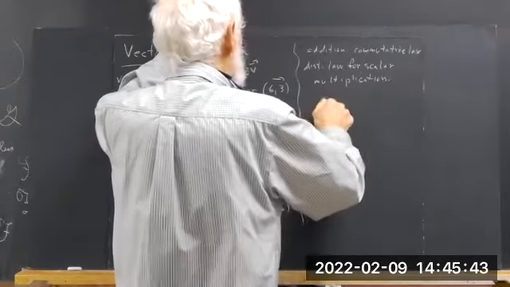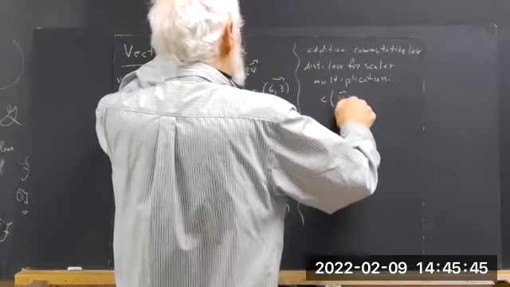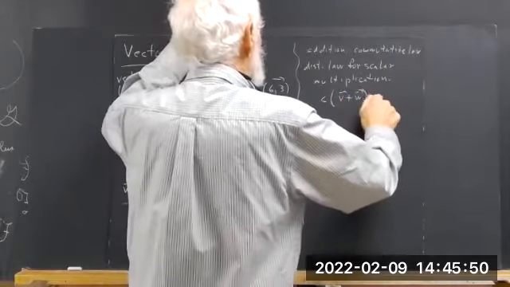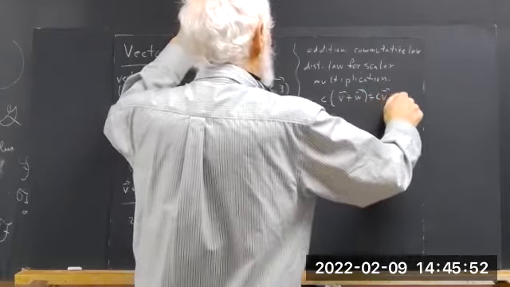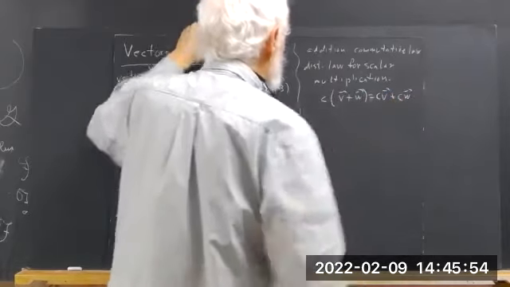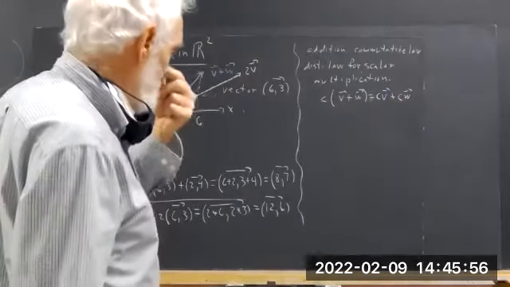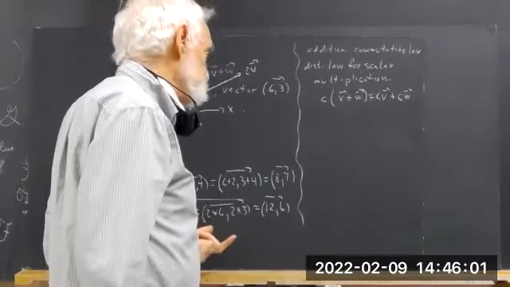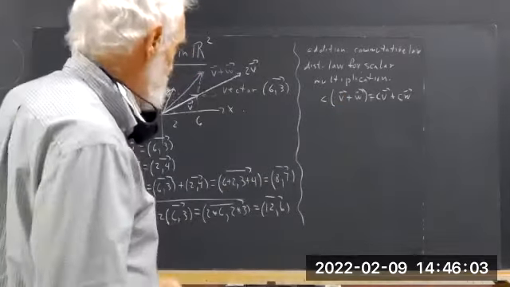Which just says that C times V plus W equals C times V plus C times W. Now you might want to write that out. For example, well, I'm not going to take the time to write it out here.